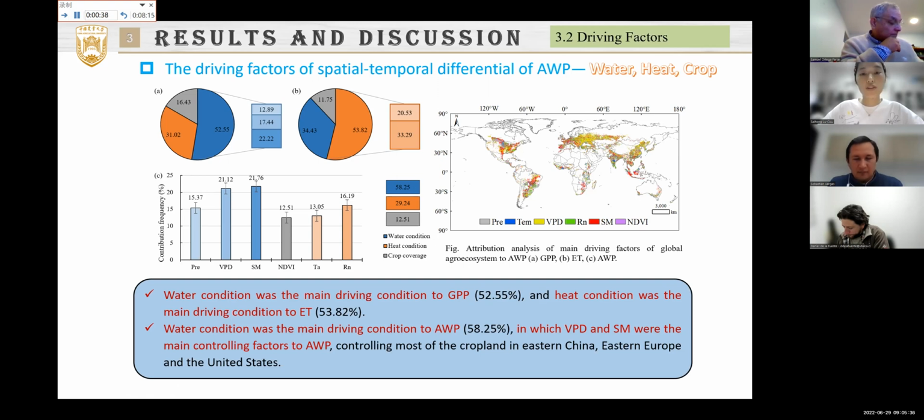And the heat condition was the main driving condition to evapotranspiration, with 54% of area controlled. More precisely, for AWP, the VPD and SMR were the main driving factors, controlling most of the farmland in Eastern China, Eastern Europe, and the US.